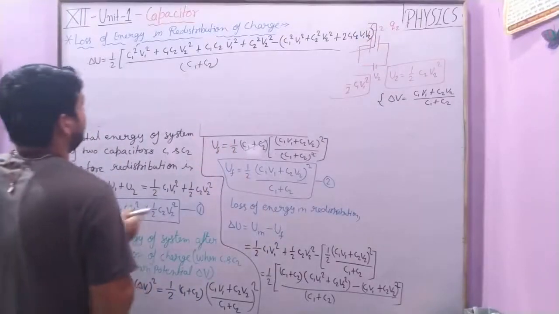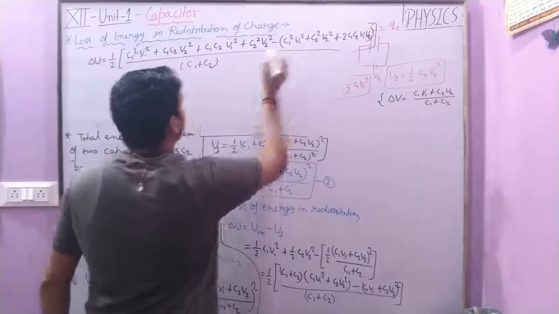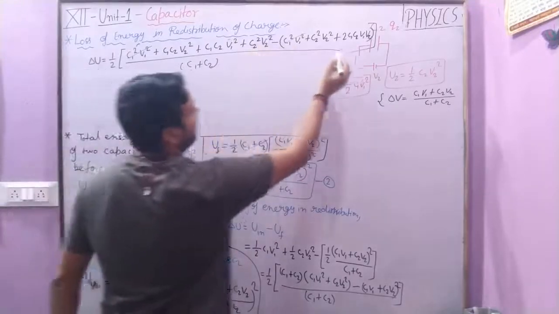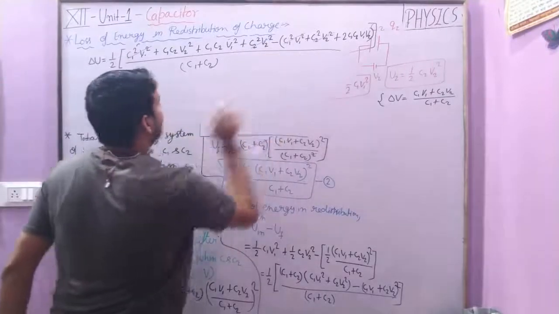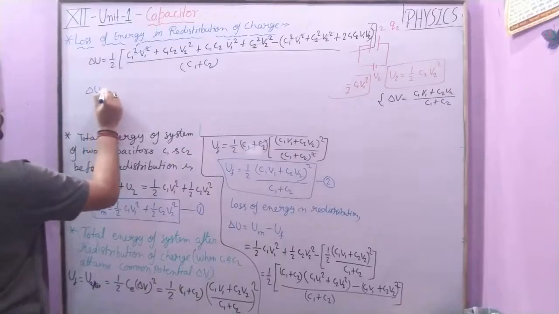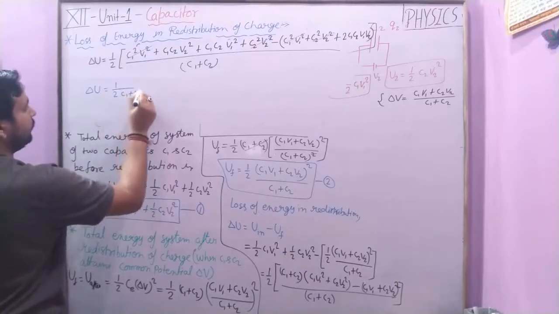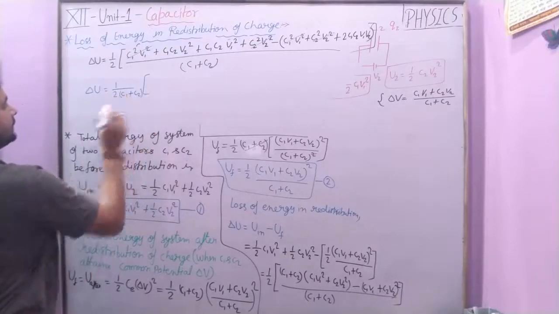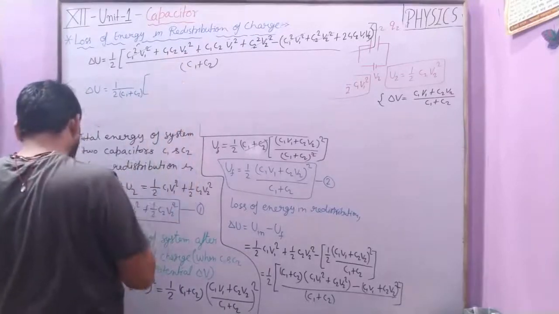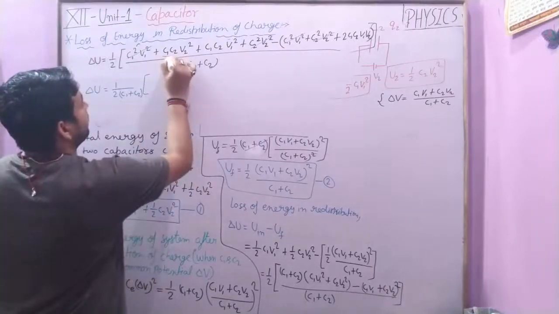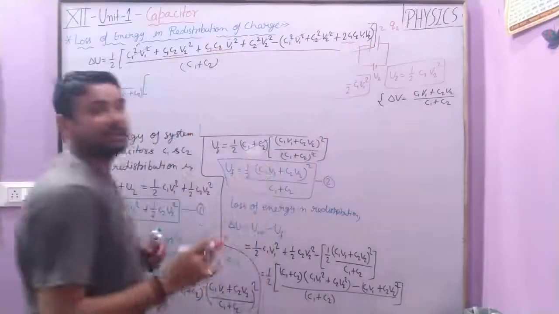Therefore, you will observe easily that C1 square V1 square cancels by this negative and C2 square V2 square cancels by this negative after the minus multiplies inside the bracket. Therefore, this del U is equal to half upon C1 plus C2, and inside the bracket C1 C2 is taken as common.